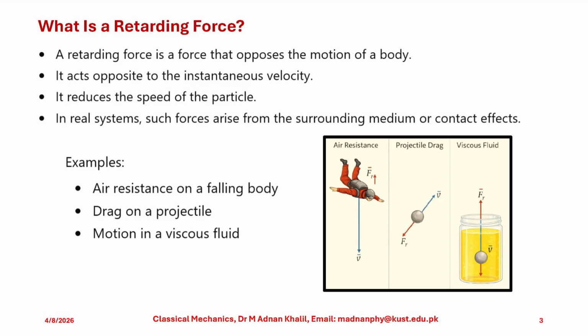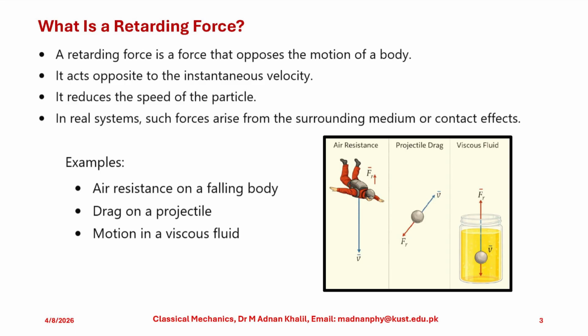The examples shown in the figure are very useful. In the first case, a falling body experiences air resistance while its velocity is downward. In the second case, a projectile moving through air faces drag opposite to its direction of motion.